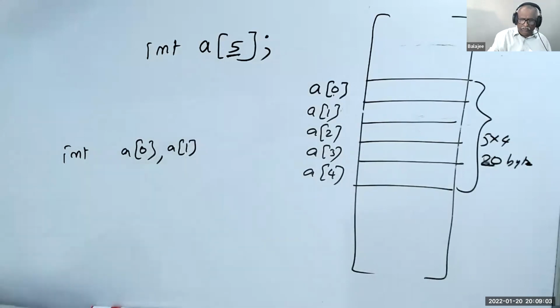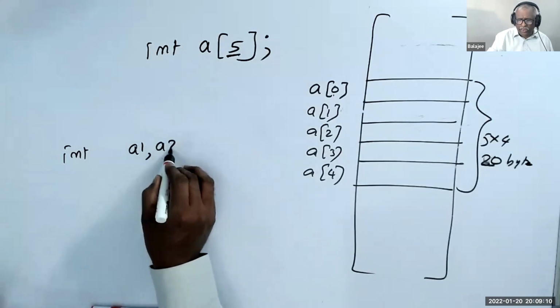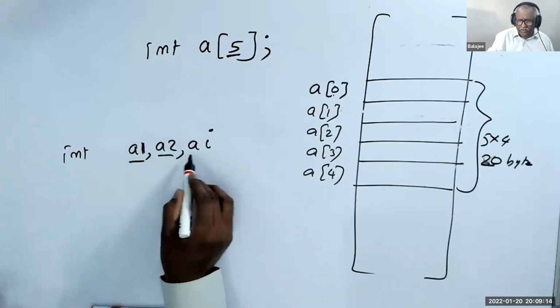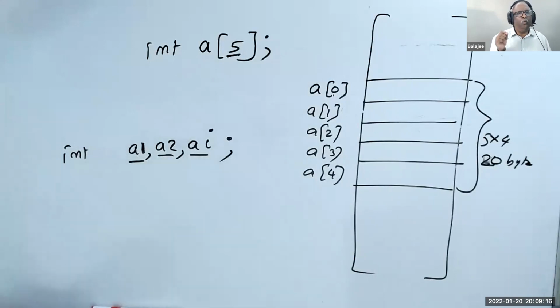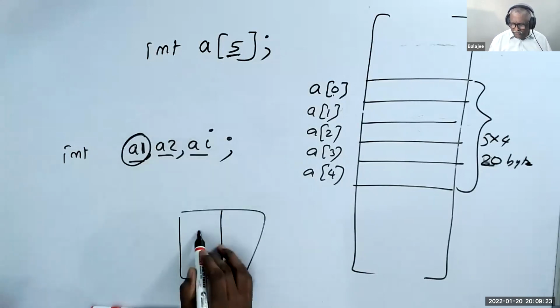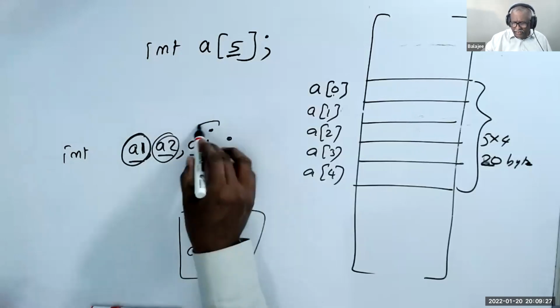Another important thing, let me explain to you now in C. Int A1, A2, AI. There are 3 of them: A1, A2, AI. The compiler takes A1 as a symbol, A2 as a symbol, and AI as a symbol.